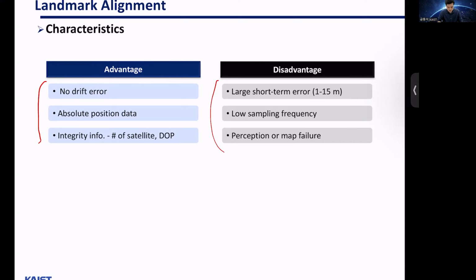So if you use these, then you may have large errors. Then, because it requires signal processing, the computational load is significant. Usually you have relatively low sampling frequency, and your perception or map can also fail. Okay?